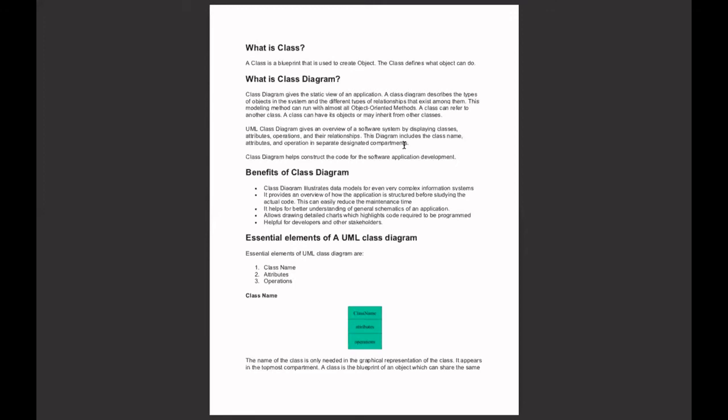Graphically, a class is represented as a rectangle shape. Class name, as I mentioned in my PDF, class name, attribute, and operation. These are the three elements of the class which are used to design a class.